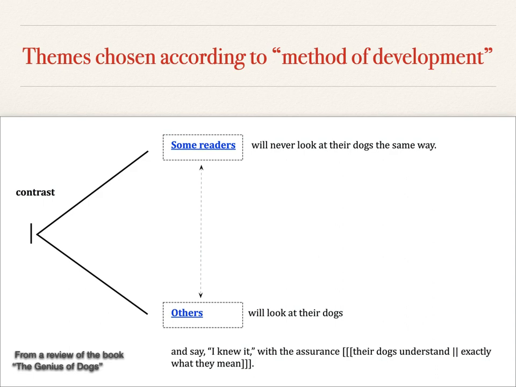Okay, so it's not necessary to say in contrast, because the contrast can be inferred between the points of contrast, some readers and other readers. Okay, so that's an example of theme selection to bring out the method of development, in this case, the method of development of contrast.